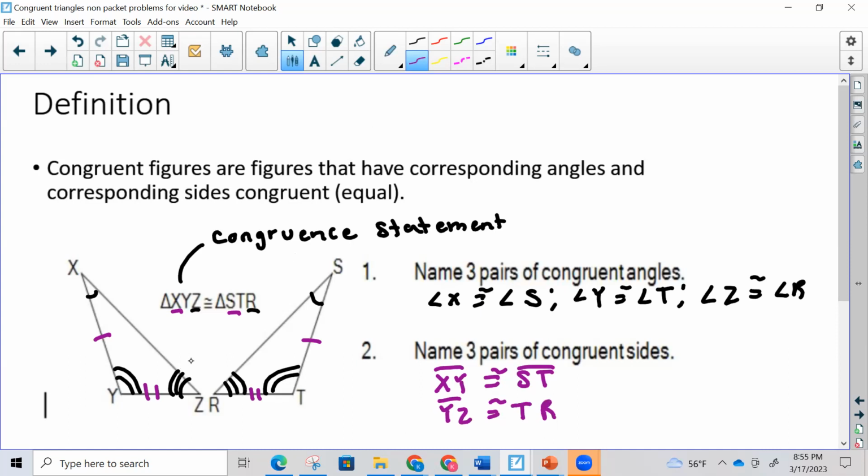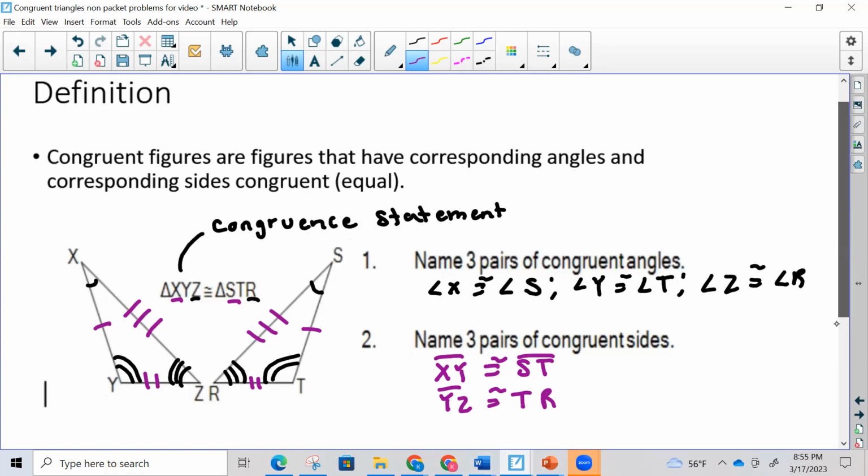And then my third side is going to be the longest side. That's the first letter and the last letter. So XZ and SR, those 2 sides are equal. So I'm going to indicate both of those with 3 tick marks to show that they're congruent.